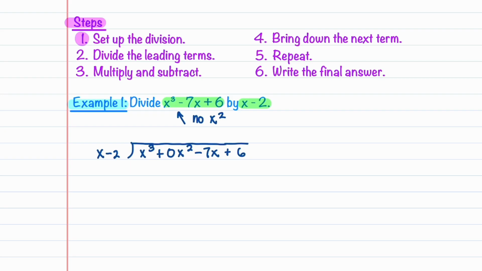Whenever you're missing a term, you want to include it and put a 0 in front of it. The x minus 2 is called the divisor. And then our polynomial, x cubed plus 0x squared minus 7x plus 6, is called our dividend.